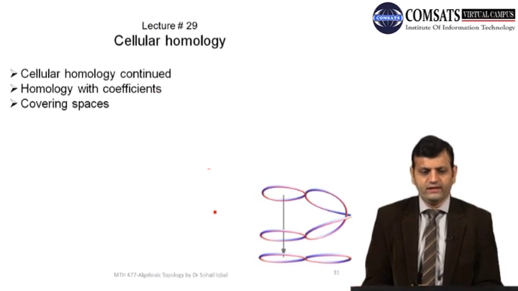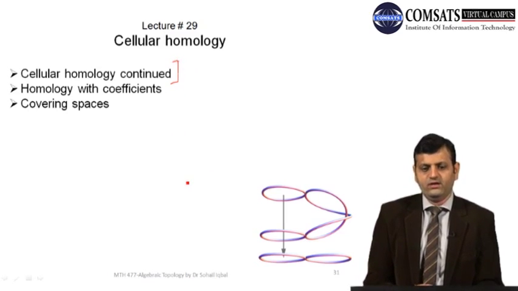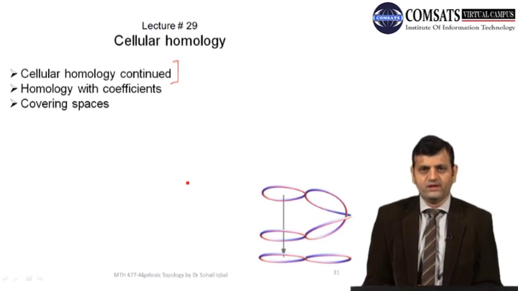In lecture number 29 we define cellular homology, and we calculated it. We were convinced that if we can grasp the idea of cellular homology, and if we can understand the cell structure and the CW decomposition of a space, then cellular homology is a very right choice. In the next section we discussed what homology with coefficients is.